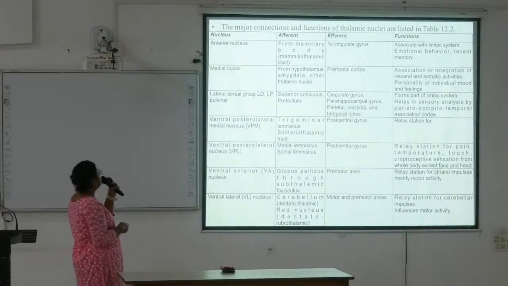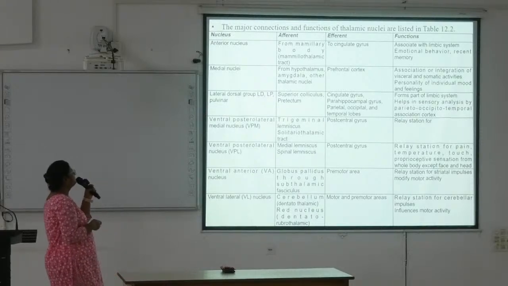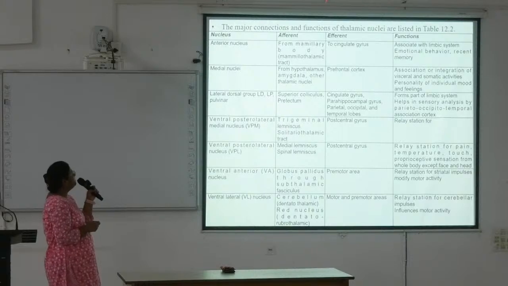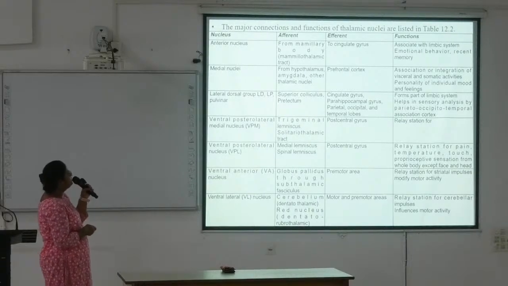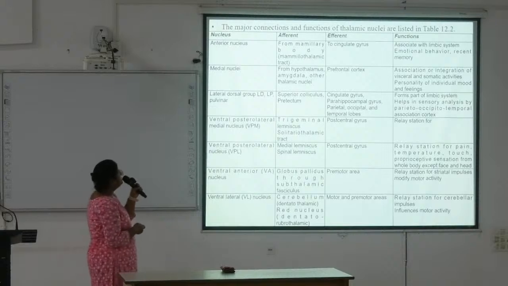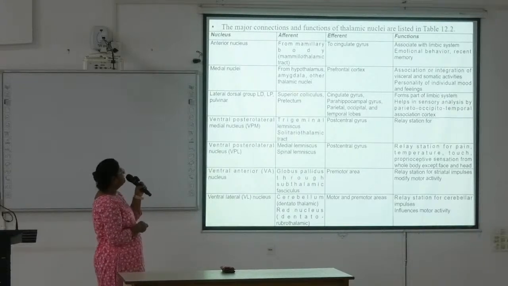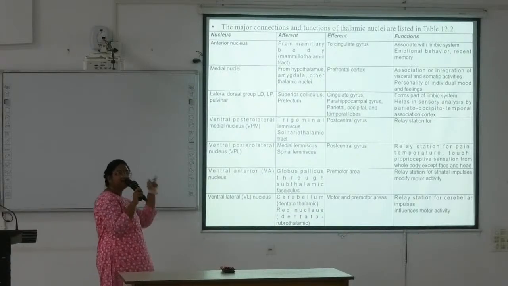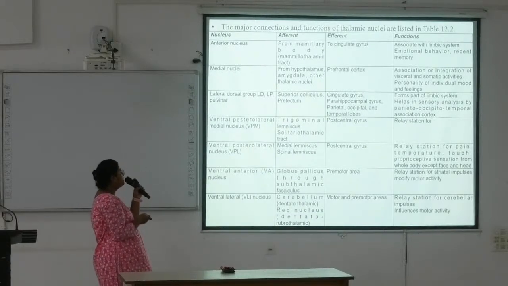Next we go to the lateral dorsal group: lateral dorsal, lateral posterior and pulvinar. It gets afferents from the superior colliculus and pretectum. And efferents go to the cingulate gyrus, parahippocampal gyrus, and parietal, occipital and temporal lobes. You have seen the afferent and efferent connections in the previous picture; from there you can correlate.